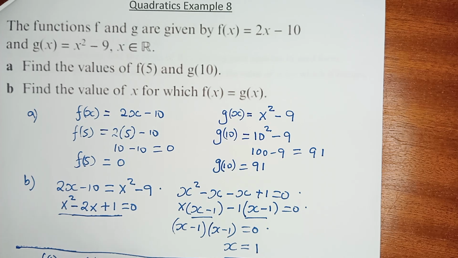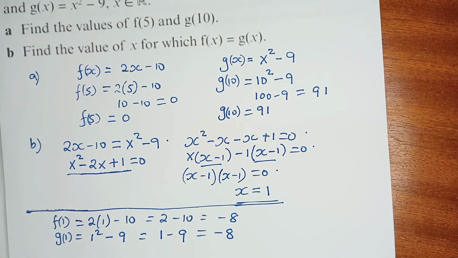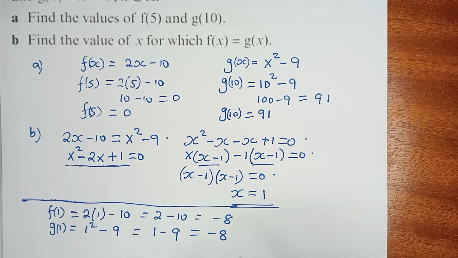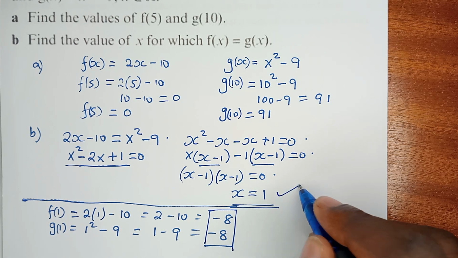What about g(1)? g(1) is x squared minus 9, which means 1 squared minus 9, which is 1 minus 9, again giving us negative 8. And now that negative 8 is equal to negative 8, then when x is equal to 1, f(x) is equal to g(x).